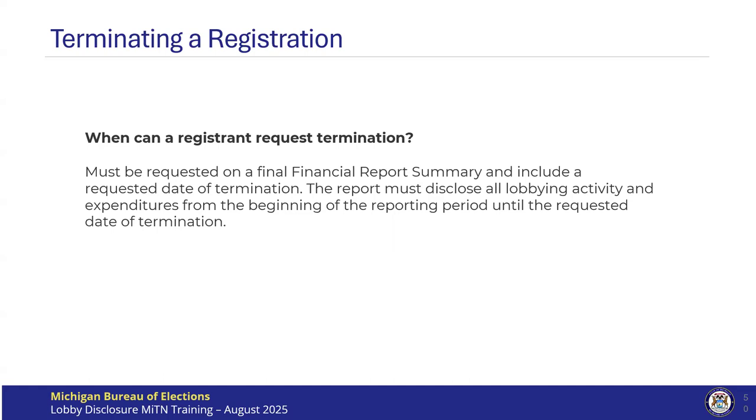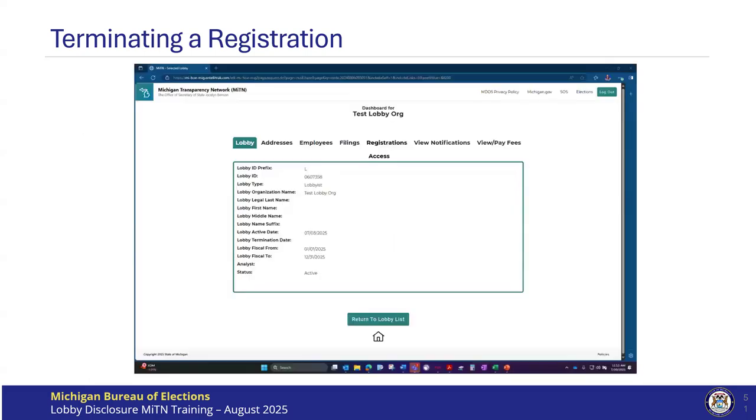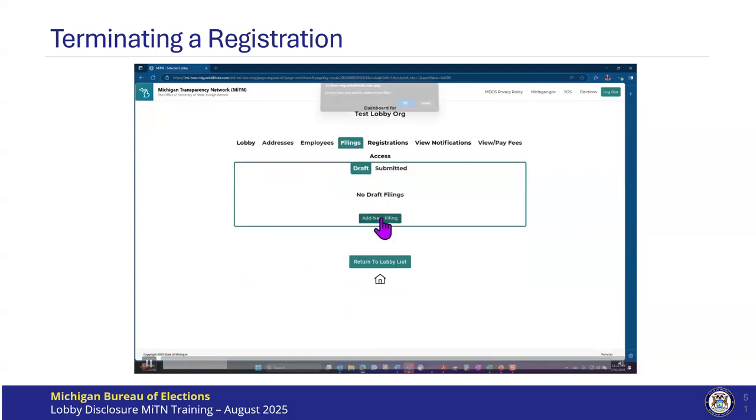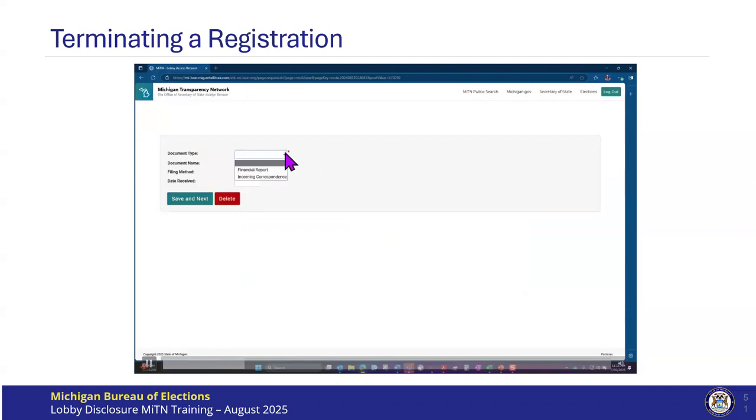I'm going to show you now what terminating a registration looks like in MiTN. We'll click Filings, Add New Filing, Financial Report.